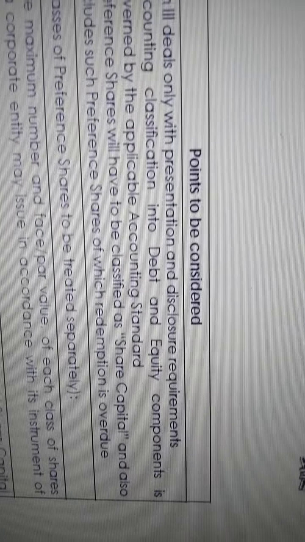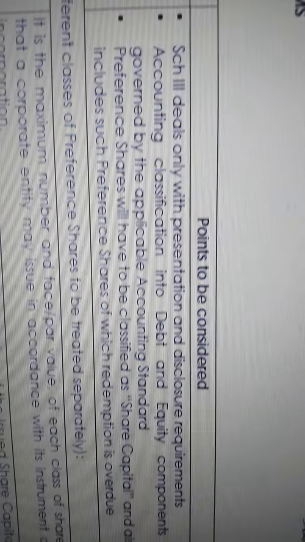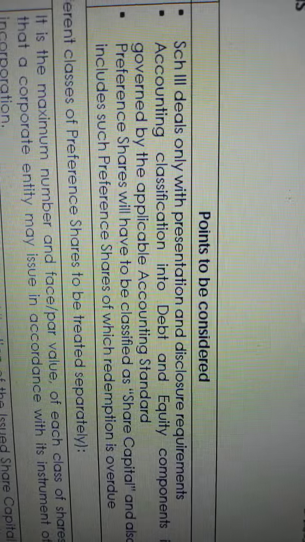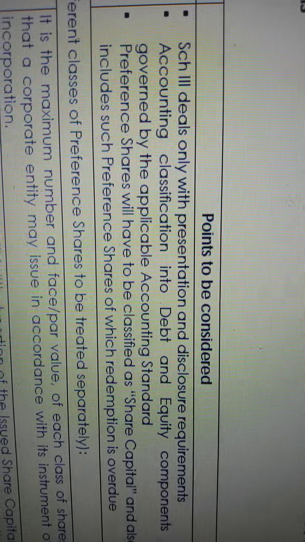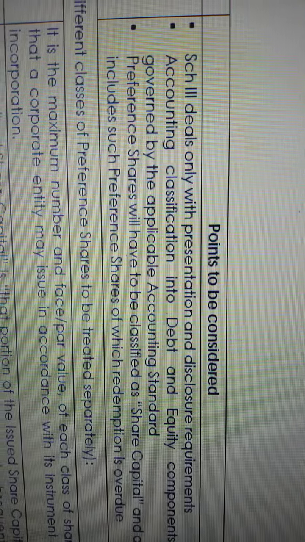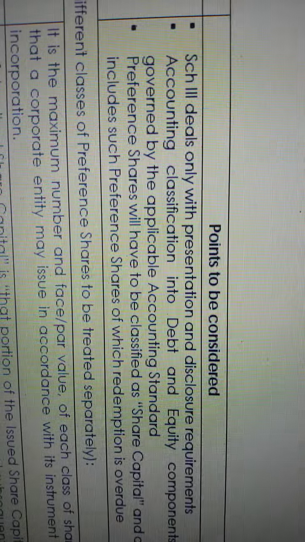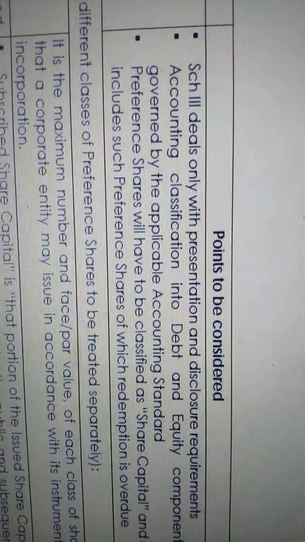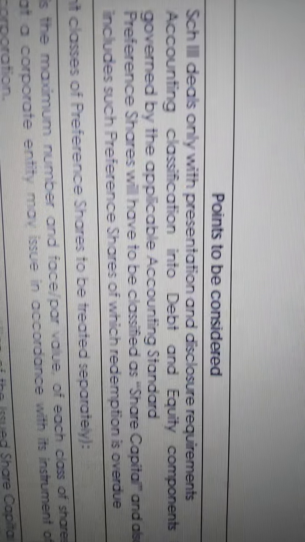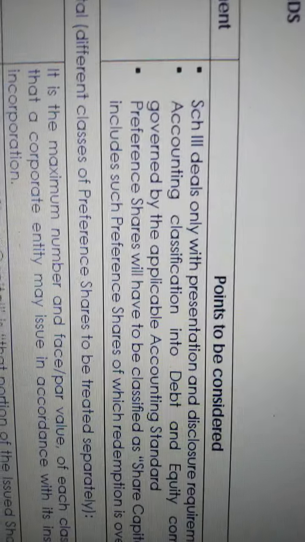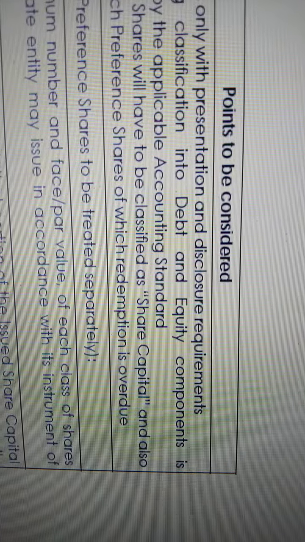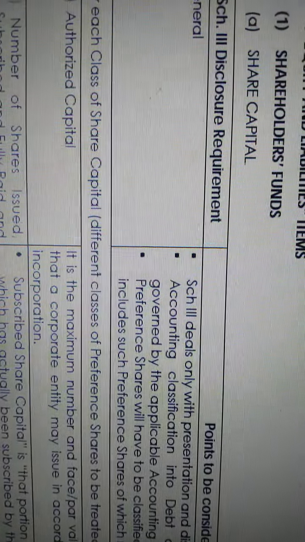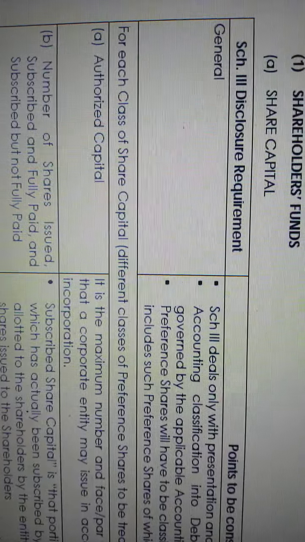Accounting classification into debt and equity components is governed by the applicable accounting standard. So what is equity and what is debt is not given very much in the schedule; we have to refer to the accounting standards. Preference shares will have to be classified as share capital, and this also includes preference shares of which redemption is overdue. Preference share capital will also be treated as a part of share capital.